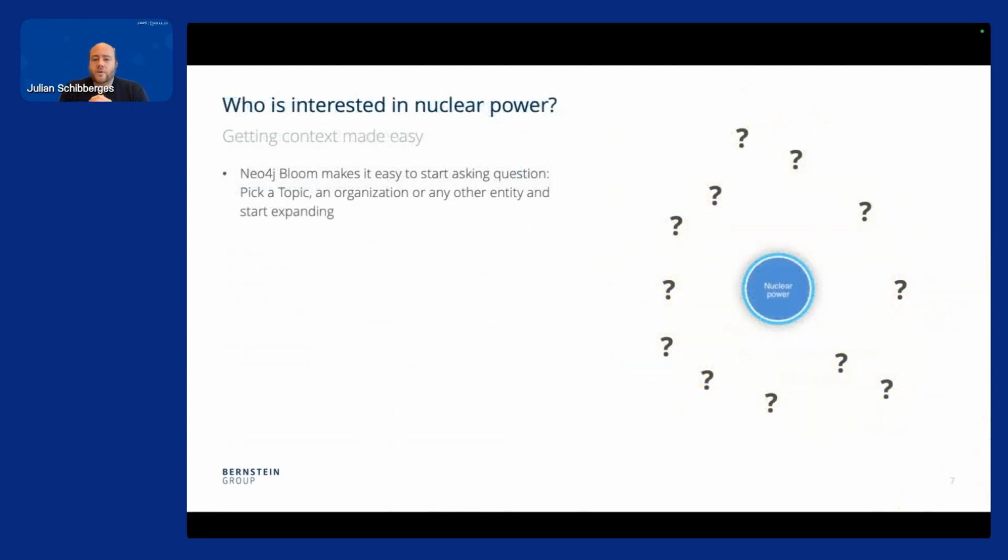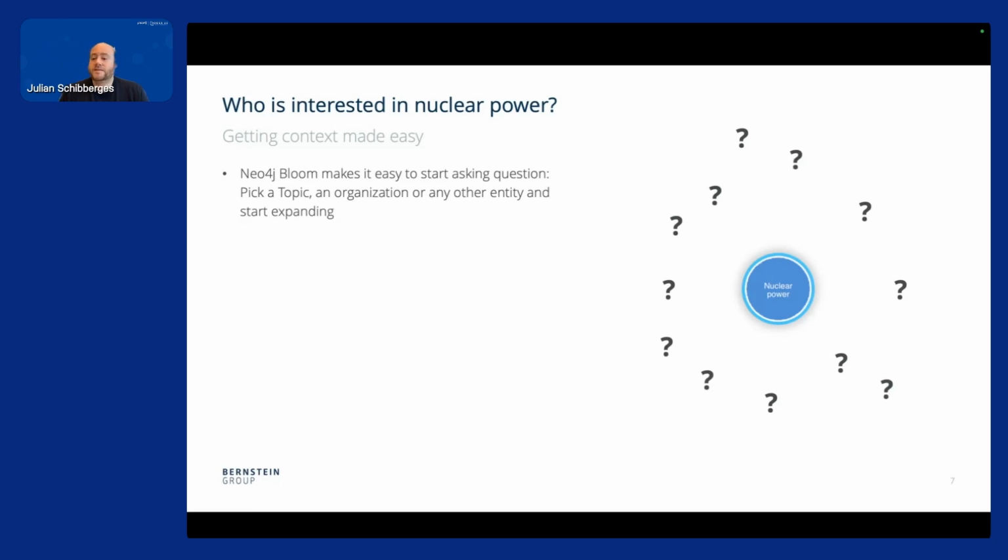And the question I picked today is: who's interested in nuclear power? I'm talking about the energy kind, not the bomb kind. Because at least if you know a little bit about German politics in recent years, there was a big energy crisis. Traditionally, Germany used a lot of gas-powered power plants, and more specifically powered by Russian gas, which was discontinued after the Russian invasion of Ukraine.